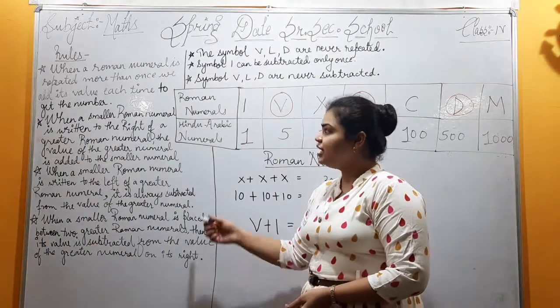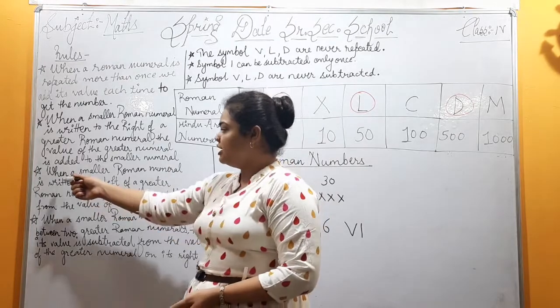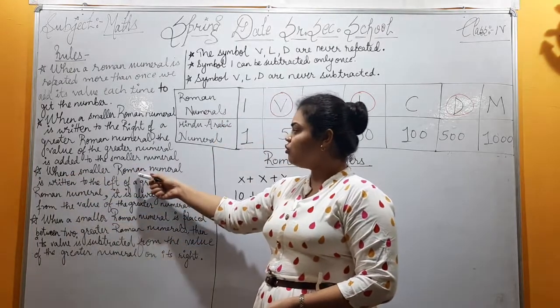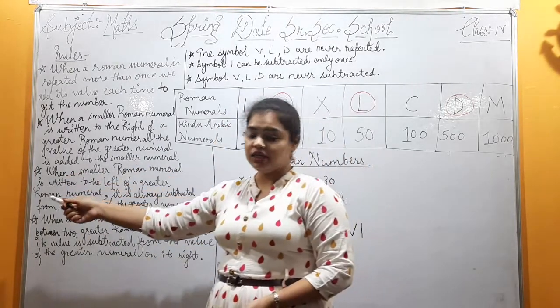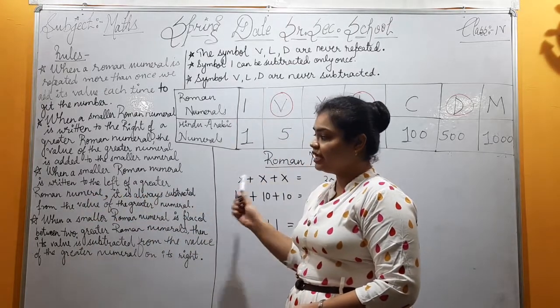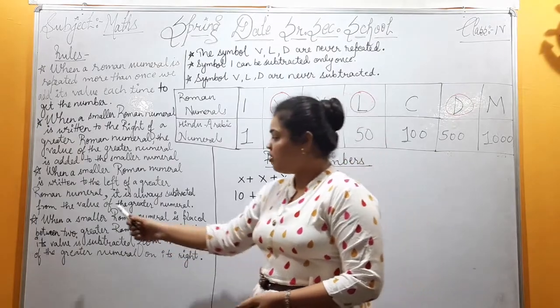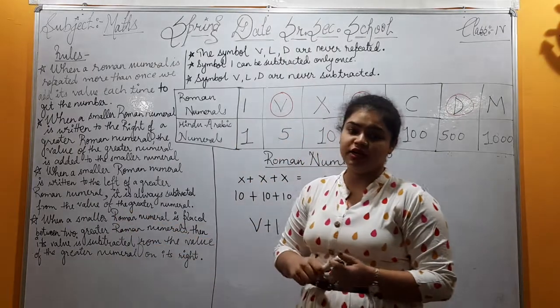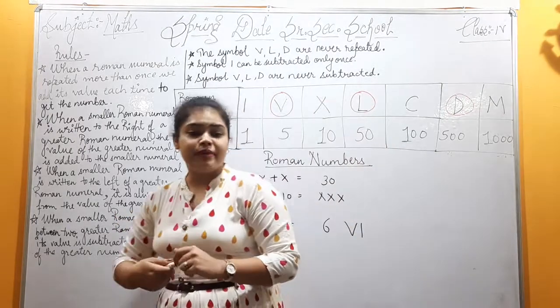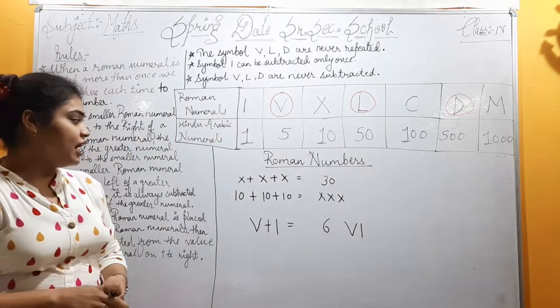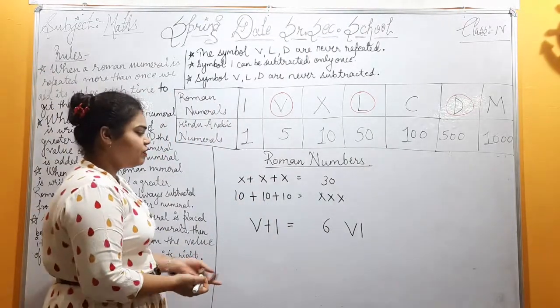Now, coming to the next rule. The rule is, when a smaller Roman numeral is written to the left of the greater Roman numeral, it is always subtracted from the value of the greater numeral. So, what is the best example for this? We have 4. So, we have to make 4.